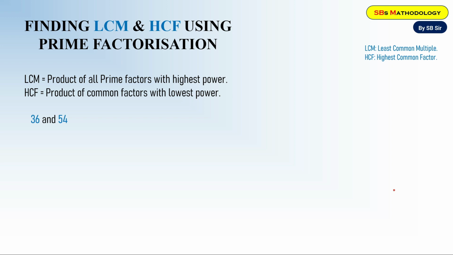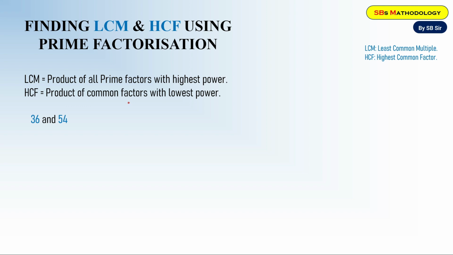Next, using the fundamental theorem of arithmetic, that is the expression of a composite number as a product of primes, we can easily find the LCM and HCF of given numbers. So next we are going to discuss finding HCF and LCM using prime factorization or the fundamental theorem of arithmetic. Now what is LCM? LCM is least common multiple.